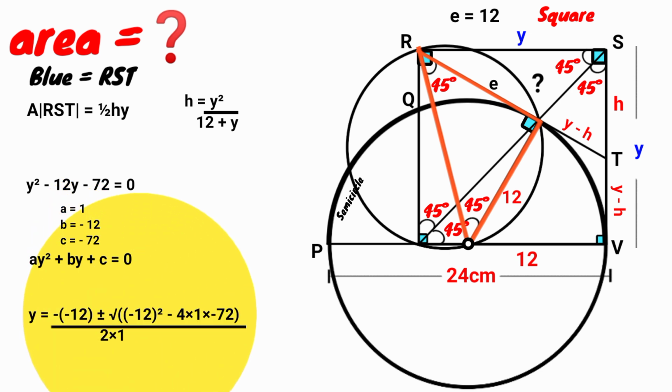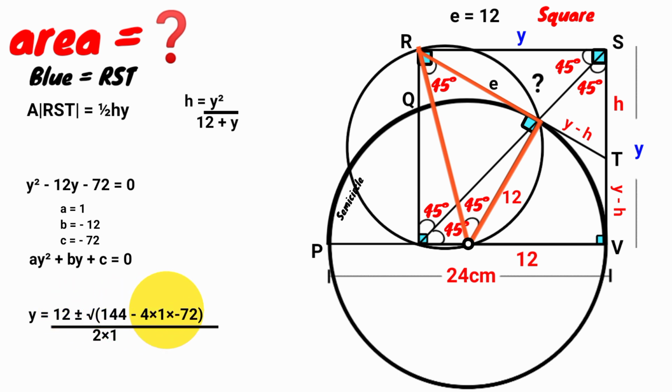Substitute it here. Now y equal to minus into bracket minus 12 plus or minus root of minus 12 all squared minus 4 times 1 times minus 72 all over 2 times 1. Minus into bracket minus 12 is plus 12. Minus 12 all squared is 144. Minus 4 times 1 times minus 72 is plus 288. 144 plus 288 is 432.